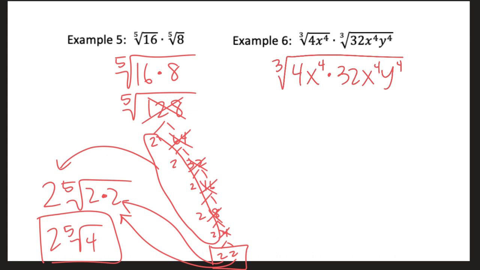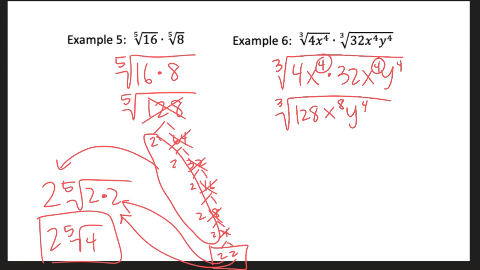So 4 times 32 is 128. And if I have 4 x's here and 4 x's here, that's really 8 x's that I have. And then that y to the 4th doesn't have anybody else to go with, so it's going to stay.